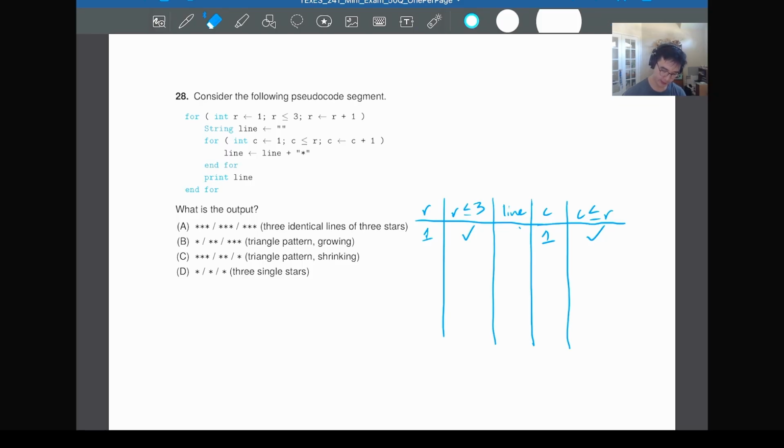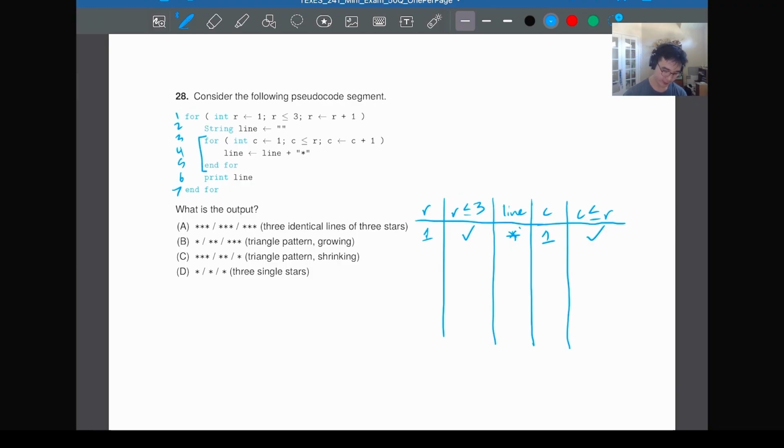So this is now going to be a star right here. And let me put line numbers to help us talk about it. So I just finished line 4. I now go to line 5. And then because I haven't evaluated to false yet, I go to line 3.